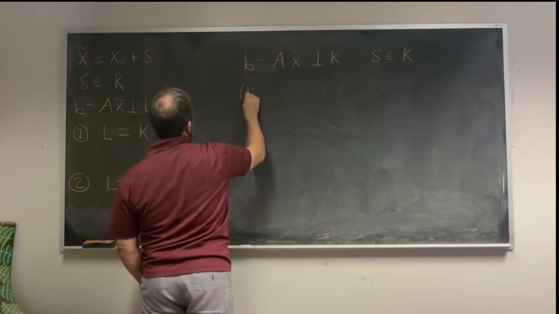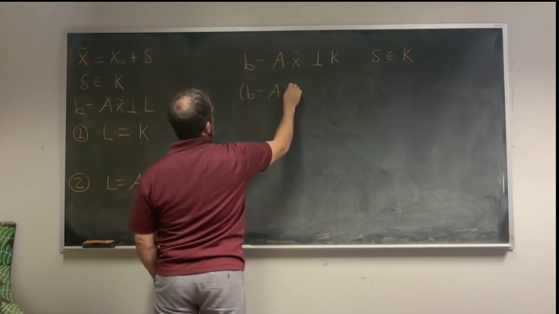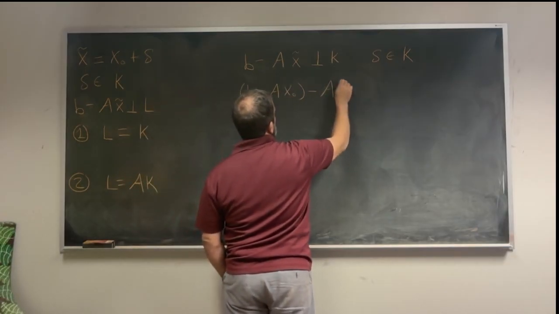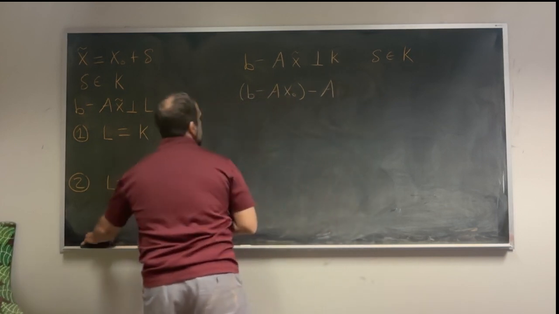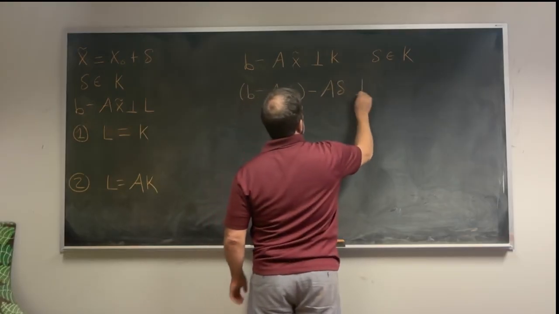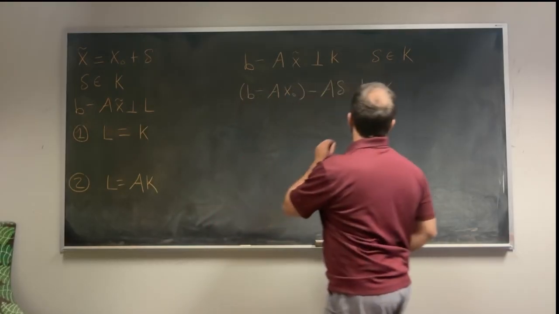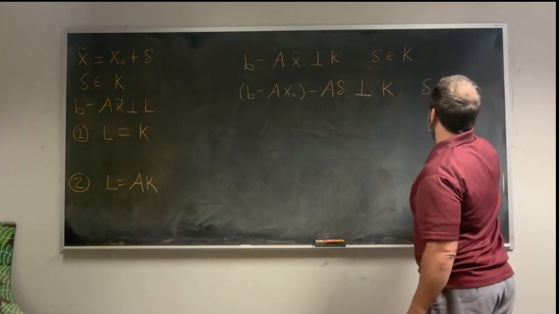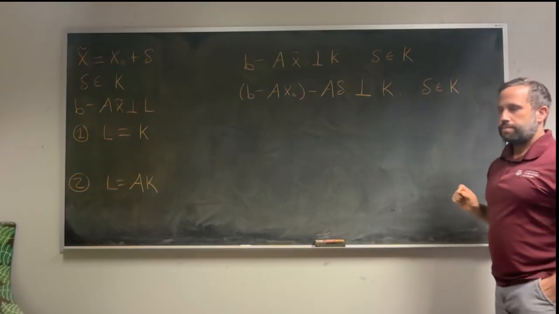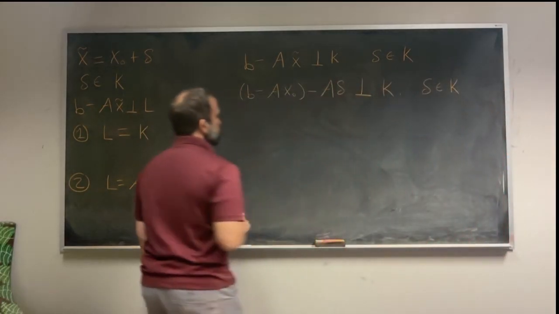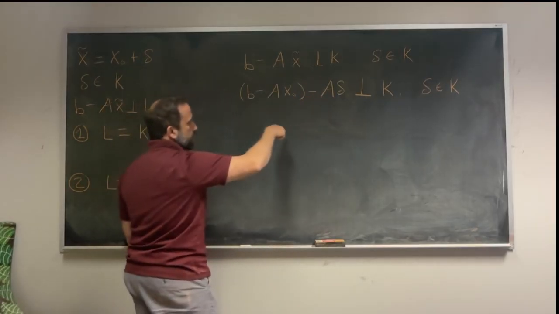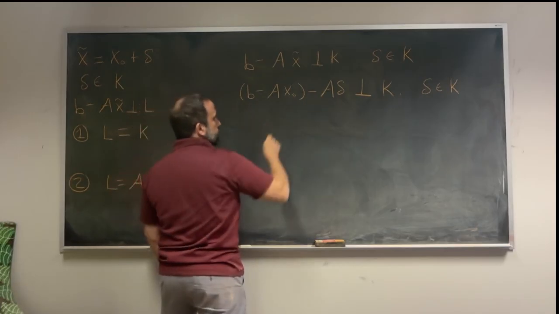So we can write this as b minus A x naught minus A delta, and we want this to be orthogonal to K, and again delta is in K. Okay, what does this orthogonality mean? Well, it means we want the inner product of this difference with any vector in K to be equal to 0.